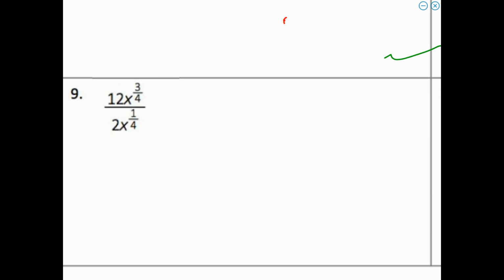Okay, so what happens when I'm dividing? So we've got roots, dividing, subtraction. What happens when I'm dividing the terms? You divide your coefficients. So 12 divided by 2 is 6. And what am I going to do with my exponents?